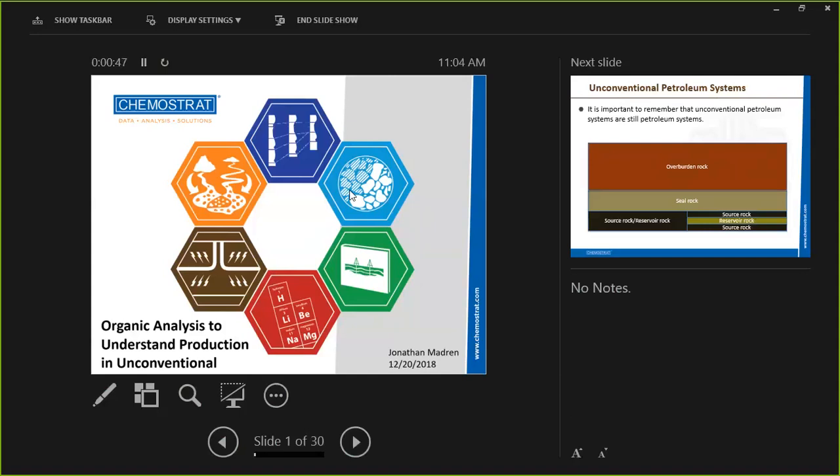Trying to cover the topic of organic geochemistry, even in a 30-minute talk, is probably pretty tough, and even this one area of it will be fairly superficial in some respects, but hopefully we'll point to some real-world questions or problems that people have and how you might be able to use some of these data to help you solve them.